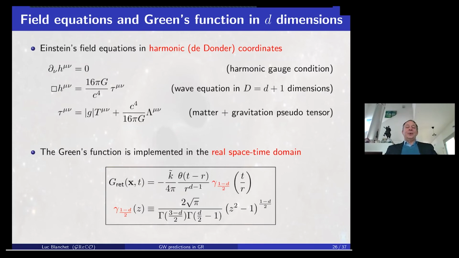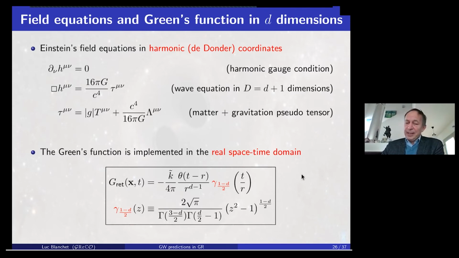So for the definition of multipole moments in GR in D dimensions, we have to solve the Einstein field equations, and we shall use harmonic or de Donder coordinates. So we shall have a pseudo-tensor for the matter field and the gravitational field. And the box operator here will be a D-dimensional d'Alembertian operator. And we know the Green's function for the d'Alembertian equation.